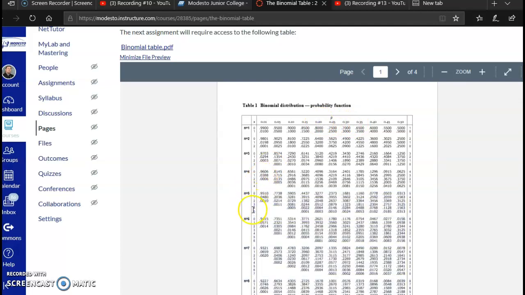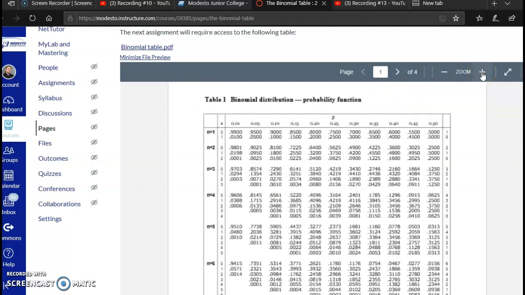And your x's are going to represent the intersection of the following values. So this is x equal to 4, that's n equal to 5, and we're looking at the intersection of this specific value.